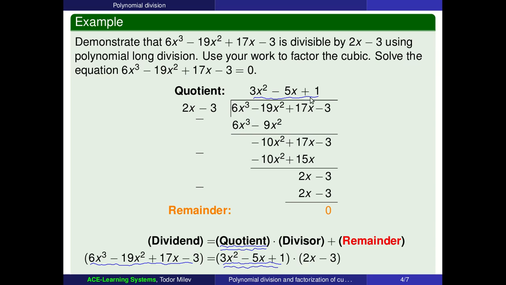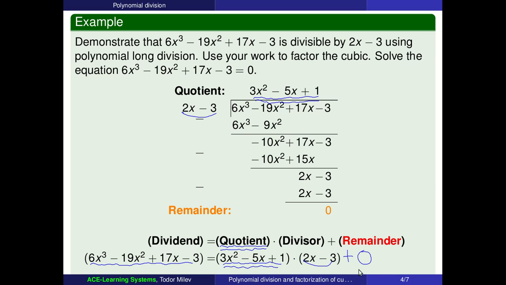So the dividend equals the quotient 3x squared minus 5x plus 1 times the divisor 2x minus 3 plus the remainder. But the remainder happens to be 0.